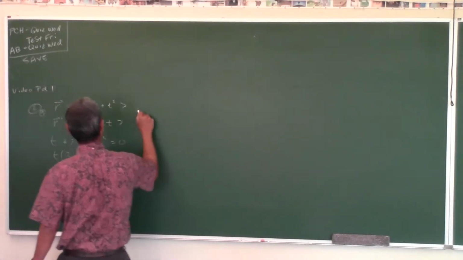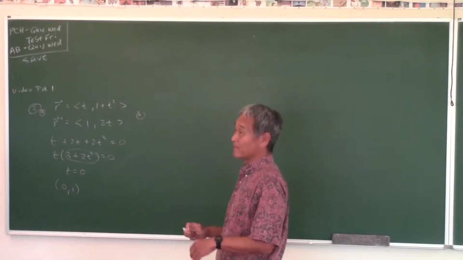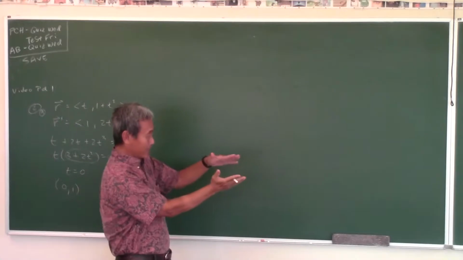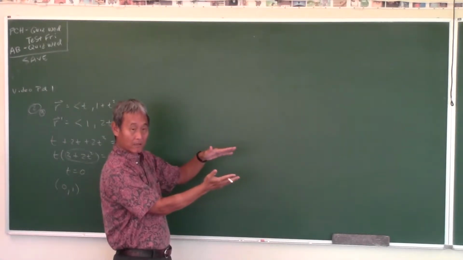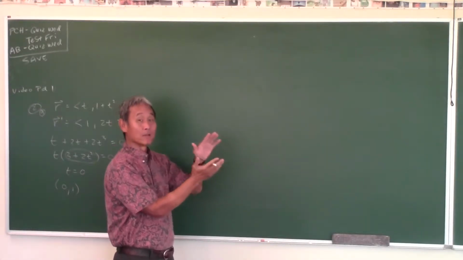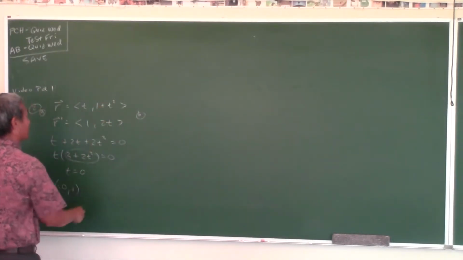So this is A. Part B. Find the points at which they have the same direction or opposite direction. Now, if two vectors have the same or opposite direction, how do you determine if two vectors are parallel? They're scalar multiples. Yeah, one is a multiple of the other. So this one has to be a multiple of that.